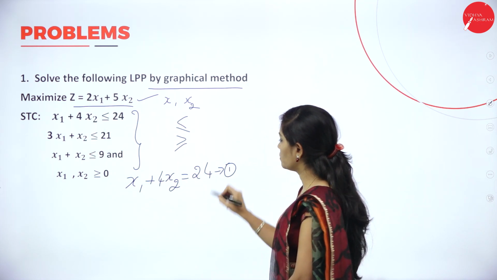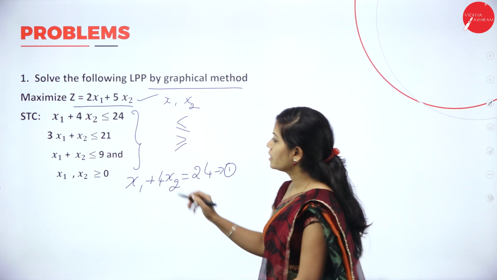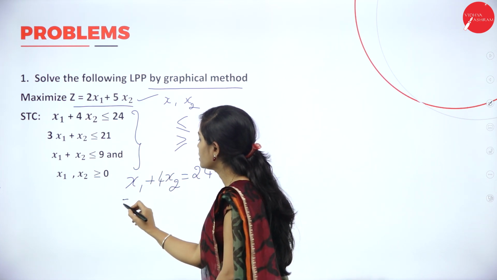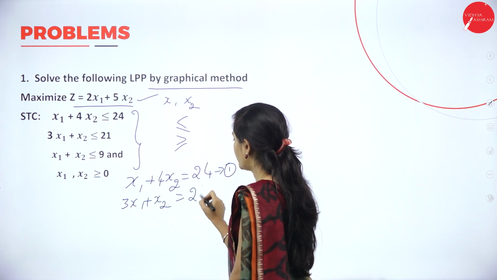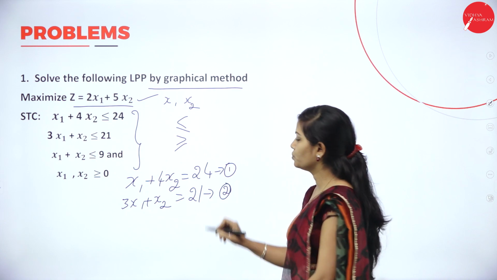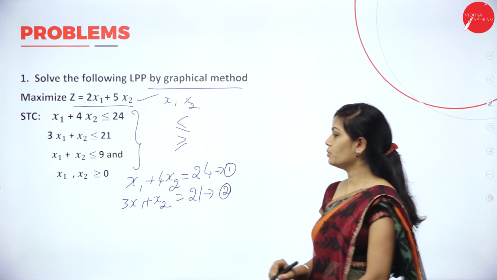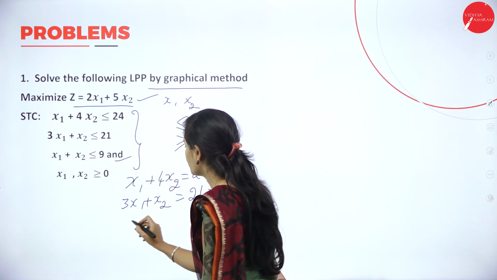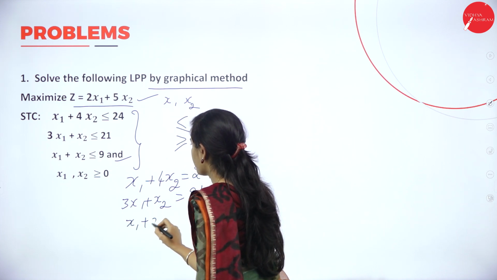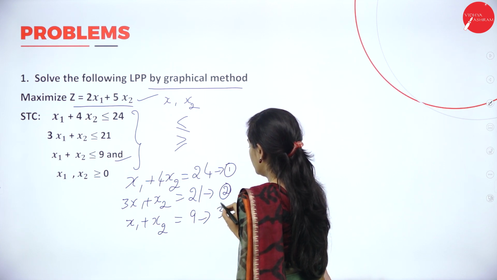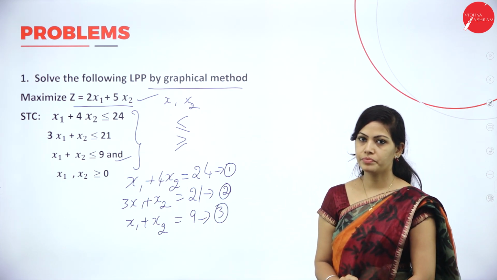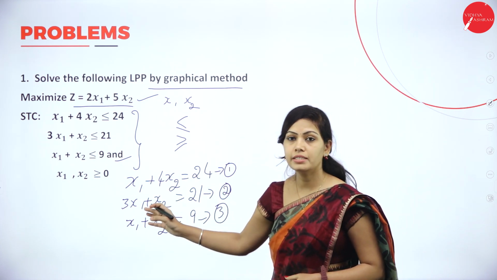This is my equation number 1. The second equation is 3x1 plus x2 is equal to 21, equation number 2. The third equation is x1 plus x2 is equal to 9, equation number 3.